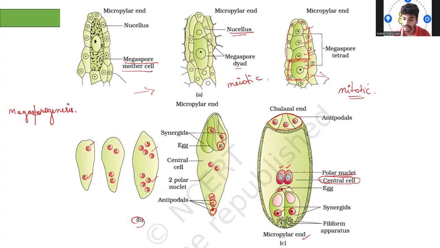The egg apparatus in turn constitutes two synergids and one egg cell.